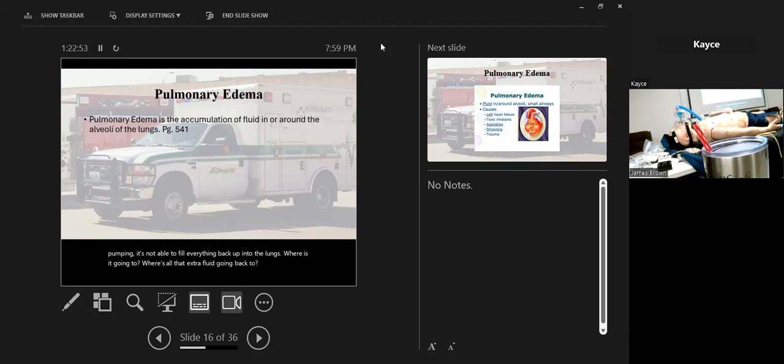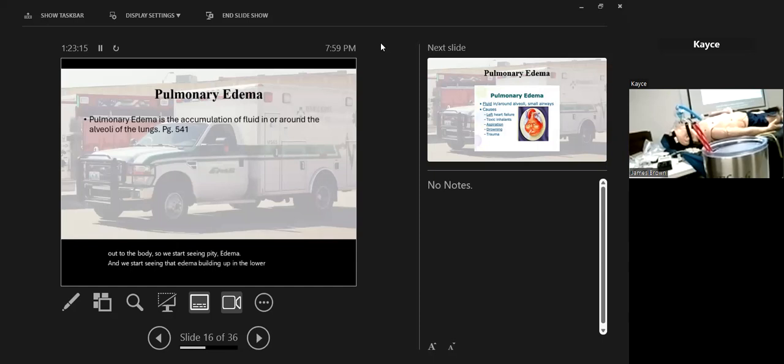As the blood's trying to fill that right side, when it's failing to pump all that blood out, it just keeps filling up, and it's pushing that extra fluid back out to the body. So we start seeing pedal edema, and we start seeing that edema building up in the lower extremities.